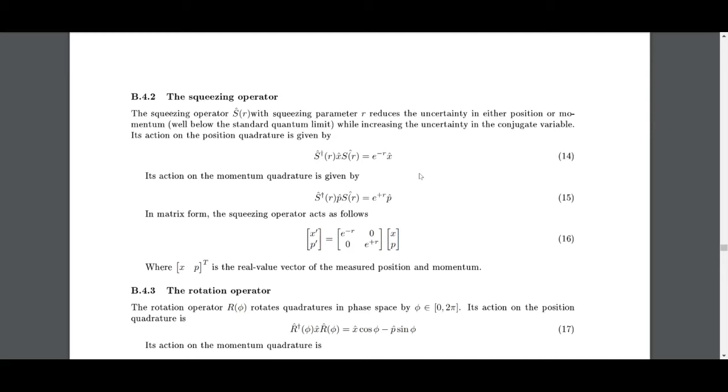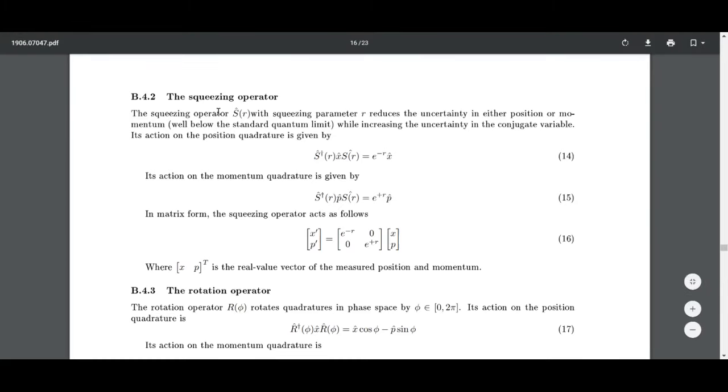So the idea here is you cannot know about everything. If you're reducing uncertainty in one side, you're increasing uncertainty in the other side. So that's kind of what this seems to me. The squeezing operator basically reduces uncertainty in either position or momentum, but then increases the uncertainty in the other variable. So there's action in the momentum.